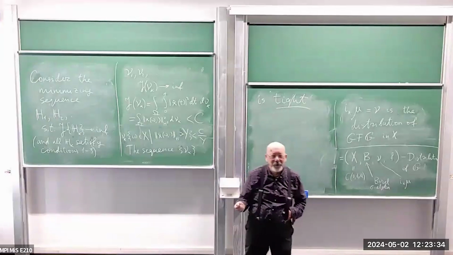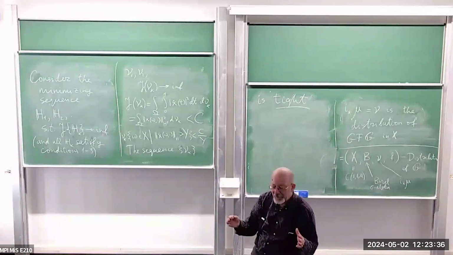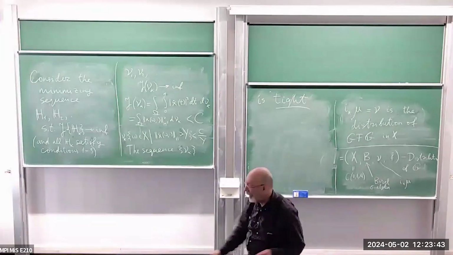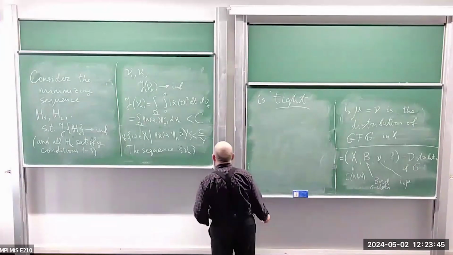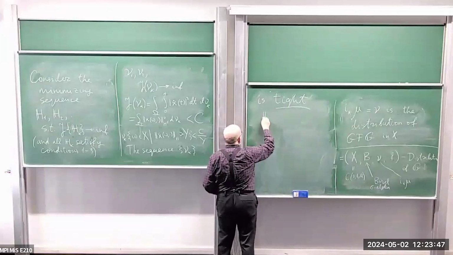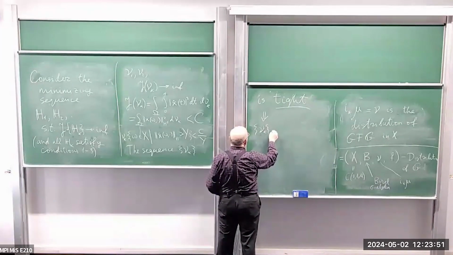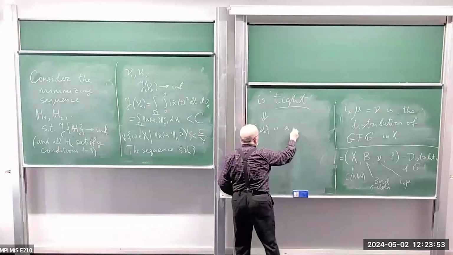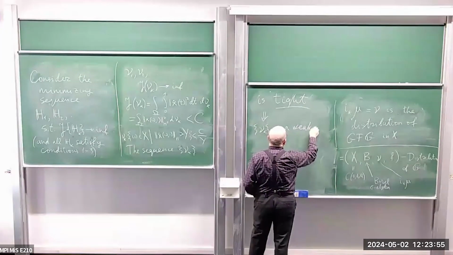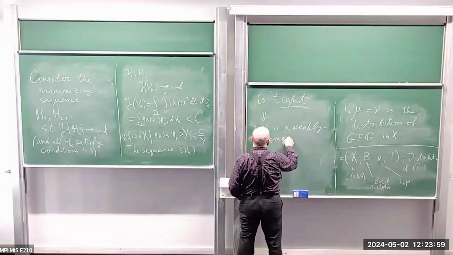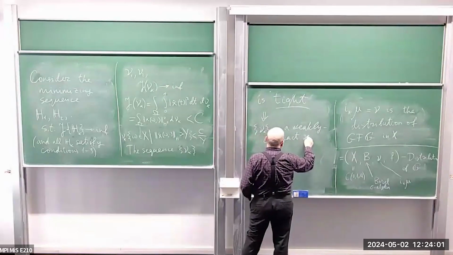Most of these measures are concentrated on a compact set. It is a tight sequence of measures. Hence nu k is a weakly compact sequence.